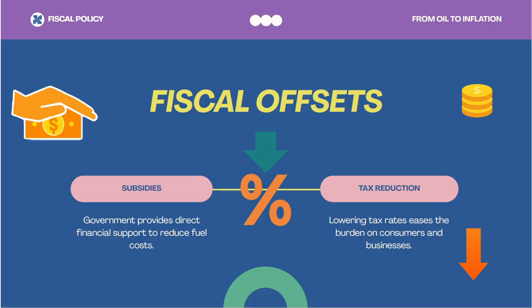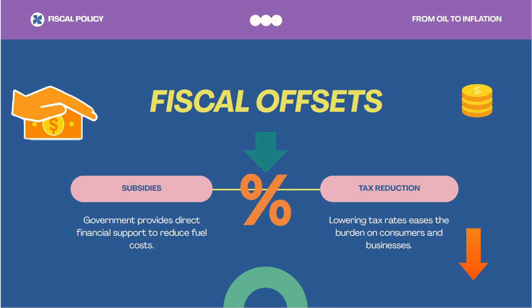Why does the government reduce tax or provide subsidy? It is to control inflation, right? So that businesses can be conducted nicely and consumers can also buy things. This is how the government tries to balance growth and inflation.